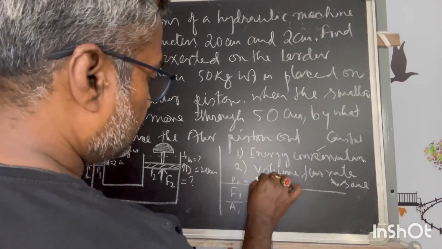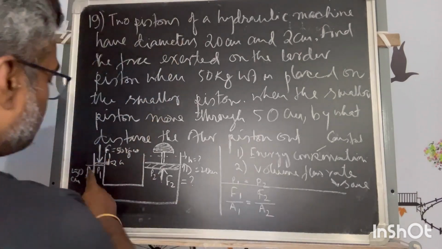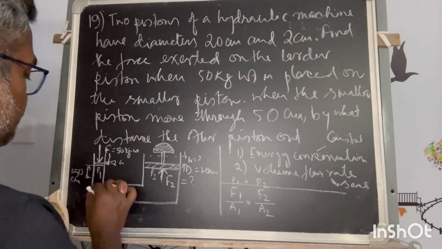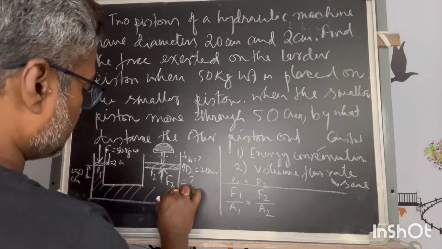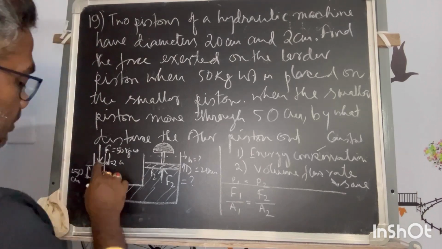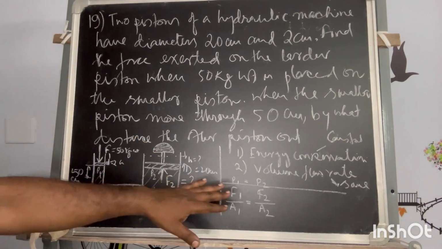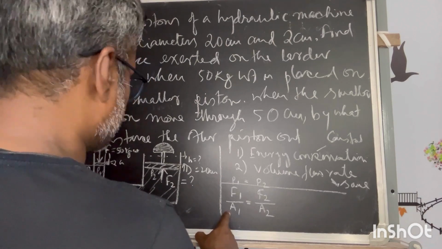This is the first and foremost principle of pressure in a system in equilibrium. When the liquid is in equilibrium, everywhere the pressure is the same, and this pressure is nothing but force divided by cross section.